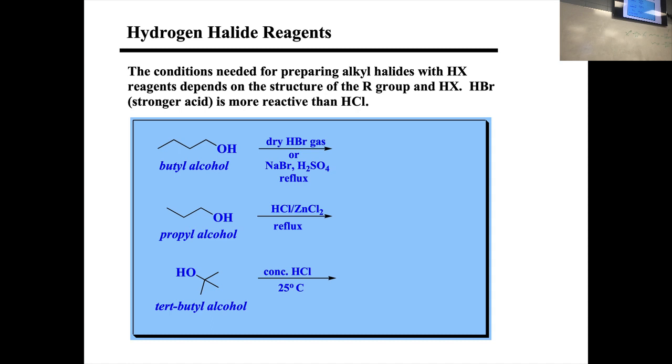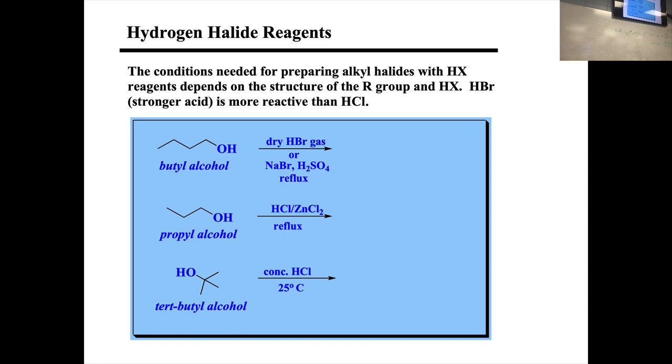One or two. Do you think once this gets protonated that the chloride can come in from the back and kick out the leaving group? It's got a lot of stuff around it, doesn't it? Can't do it. So this is going to be SN1. It goes through a carbocation mechanism.